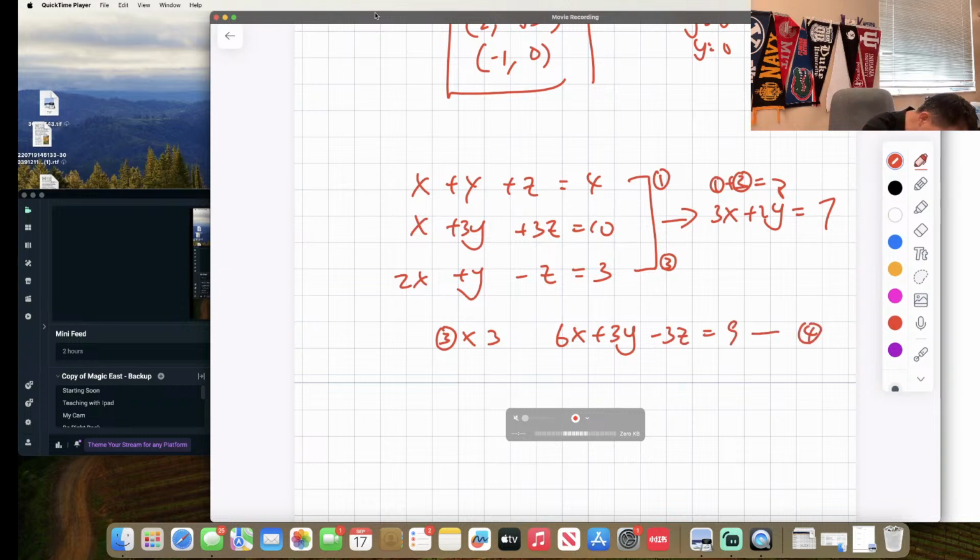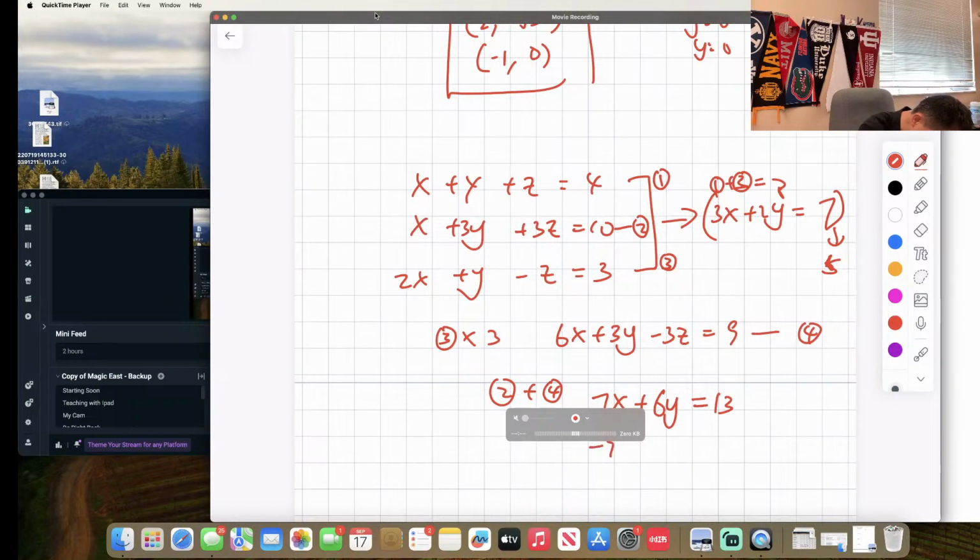So I'm going to add equation 2 plus 4. So 2 plus 4 is going to be 7x plus 6y, by -3.